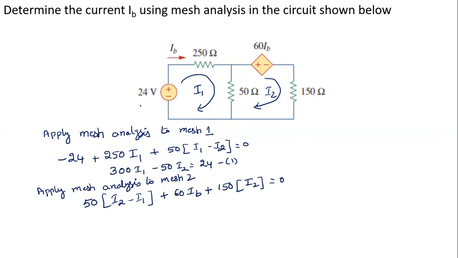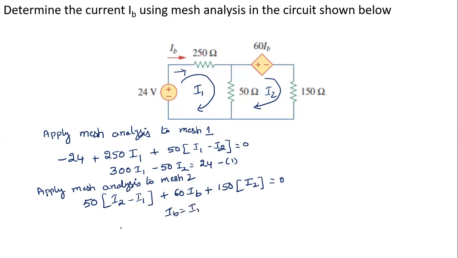Now, what is IB in terms of known parameters? It is very easy. From the circuit diagram you can see I1 is flowing in the same direction as IB, hence IB equals I1. Replace IB with I1.